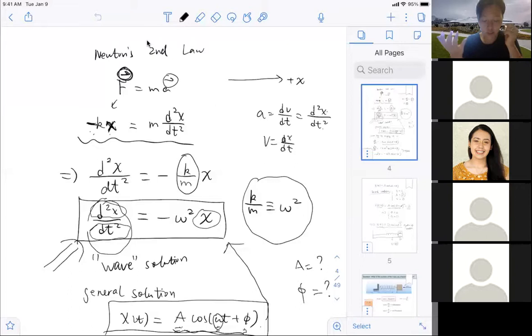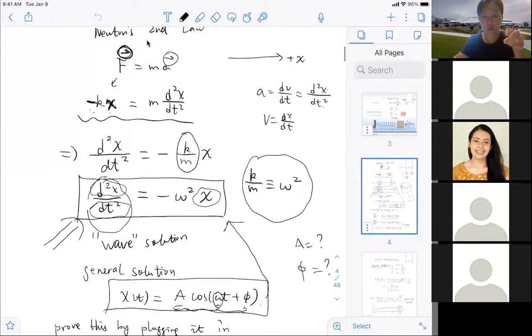We give it an initial condition so that we stretch the spring a little bit and then we let go, right? So if we have a very smooth surface, so friction can be ignored, you will have the mass going back and forth like that. So that's a simple harmonic oscillator.